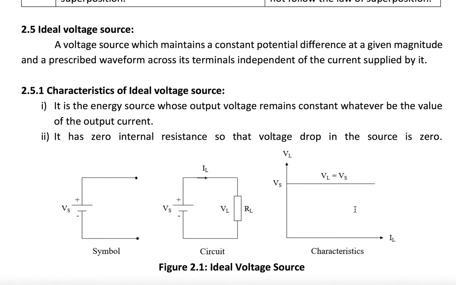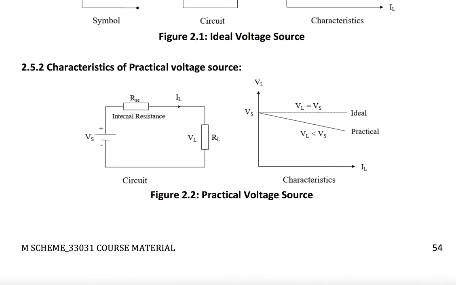If you draw the voltage-current characteristic, it is always constant. In other words, it has no internal impedance or resistance, resistance in case of DC, impedance in case of AC, so that the voltage drop is always zero. When the internal resistance Rs is zero, this is called an ideal voltage source.